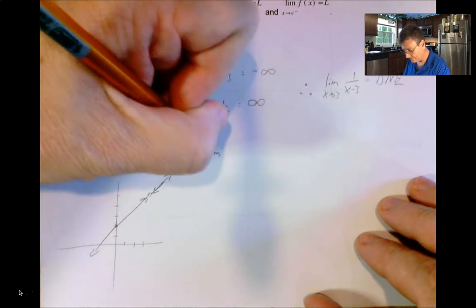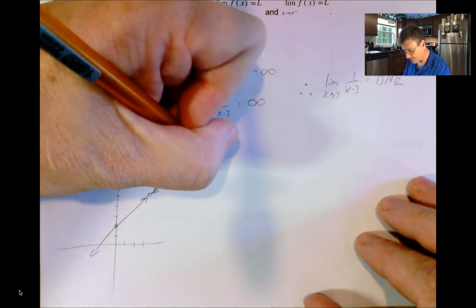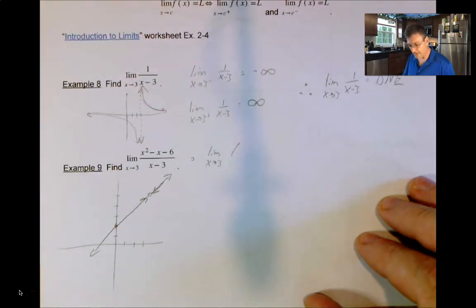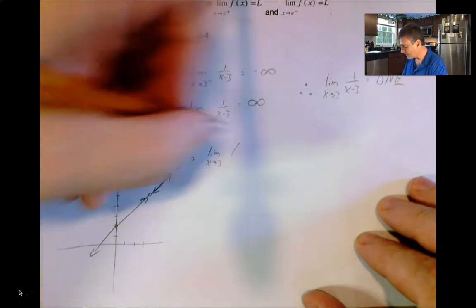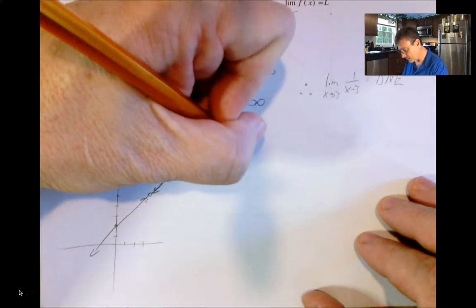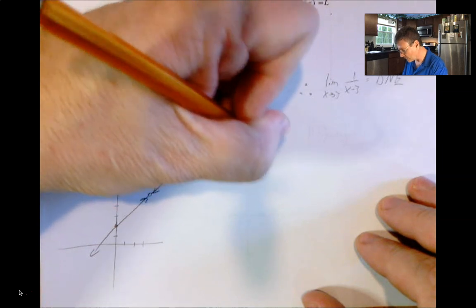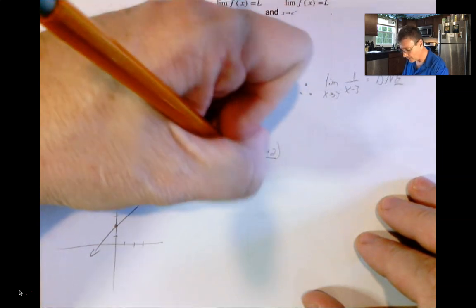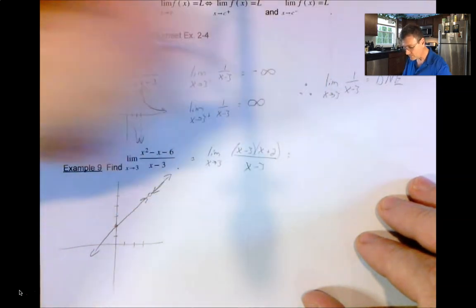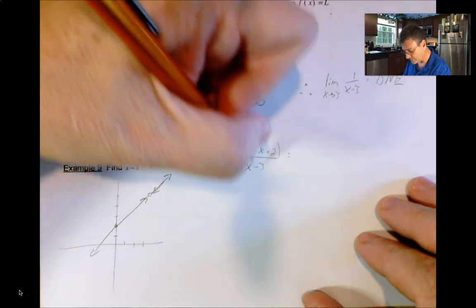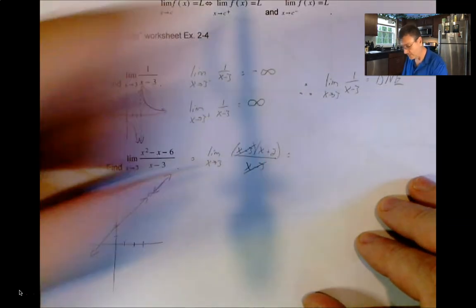Limit as x approaches 3 of x squared minus x minus 6 factors into x minus 3 times x plus 2, over x minus 3. And I can reduce the x minus 3's.